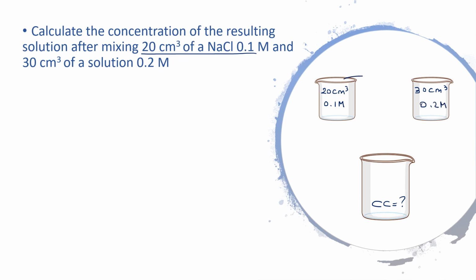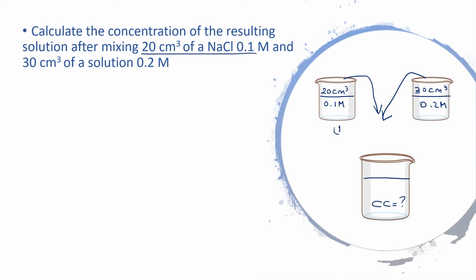The thing is that I take these two containers and I'm going to take those volumes that I had and I will fill out this other container. The question is, how can you calculate the concentration? We don't have number of moles, we don't have volume, but actually the volume is going to be the volume of the beaker 1.